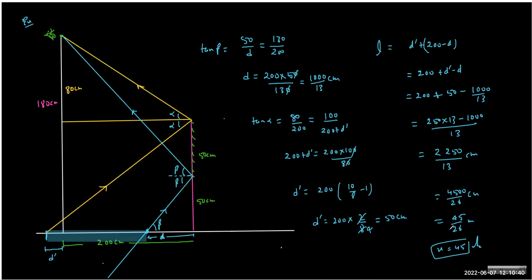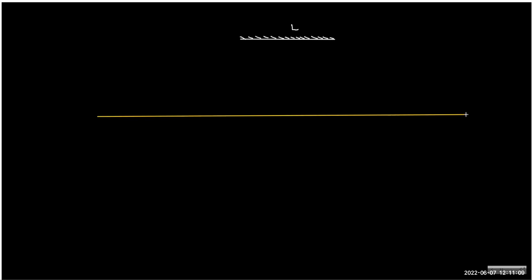So try questions like these. The question number one is again similar, using the reflection property to see where light ray can go. There is a very nice question. Let's say there is a mirror of length L, and this is, let's say, the ground, and we have a source of light somewhere.